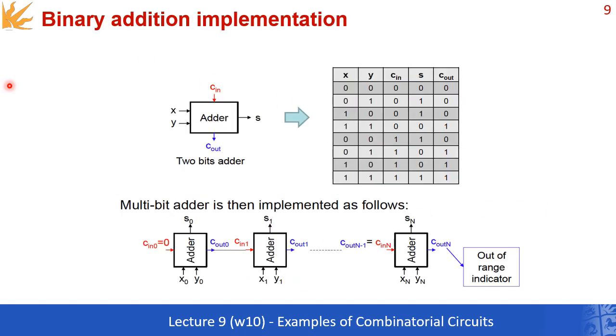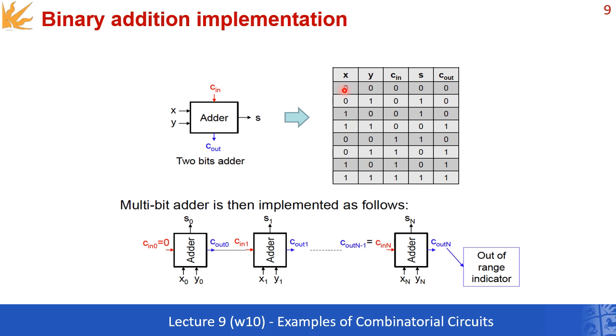Now, let's actually remind ourselves how this is done by using another approach. If you add x and y, and you got the result coming out from here, you need to consider a possible carry coming in and a possible carry coming out for the next column if needed. Now, this is a table that summarizes everything that can happen.